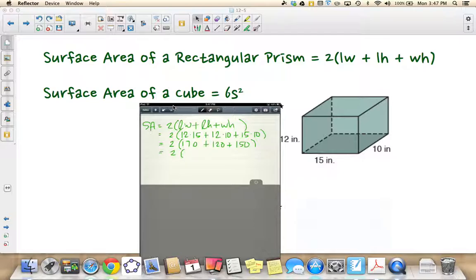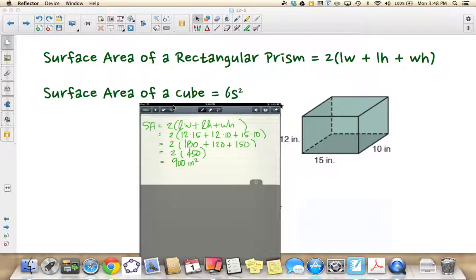So this becomes 2 times 450. Okay, so the surface area of my rectangular prism will be 900 square inches.